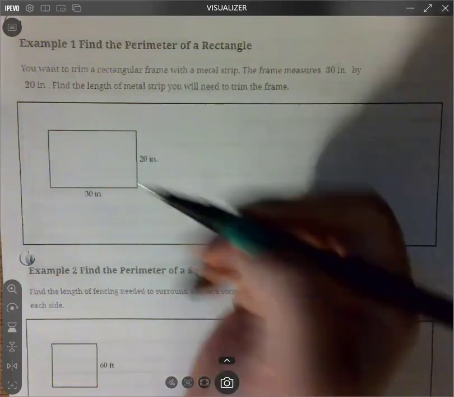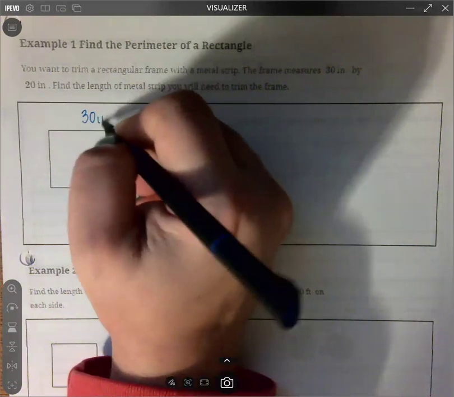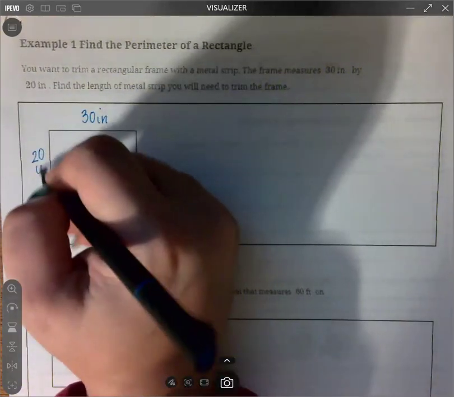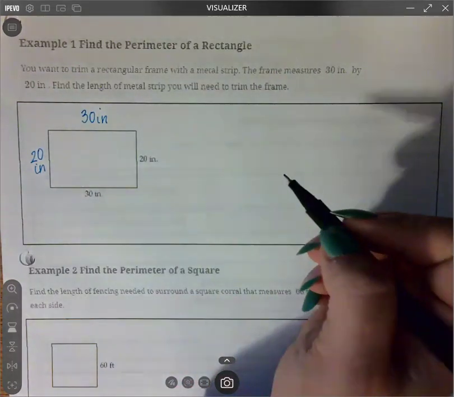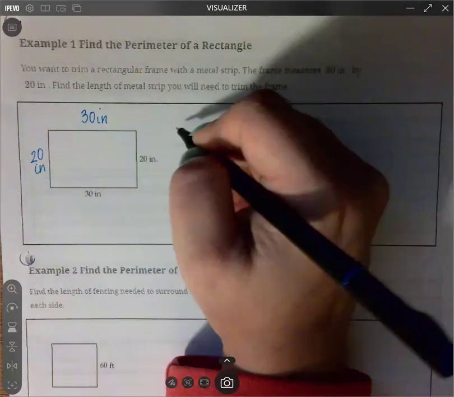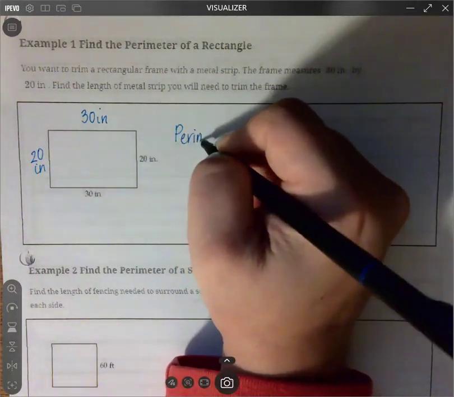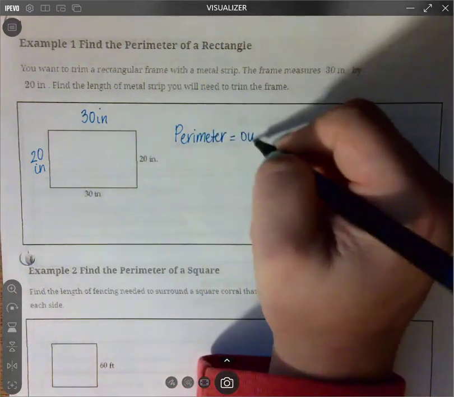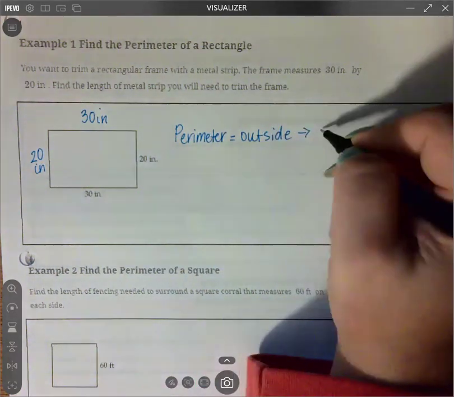Now in a rectangle, hopefully you remember this from previous classes, the opposite sides are congruent or the same length. So we can go ahead and fill in those two measures. And the perimeter of an object represents the outside, and it is a distance.